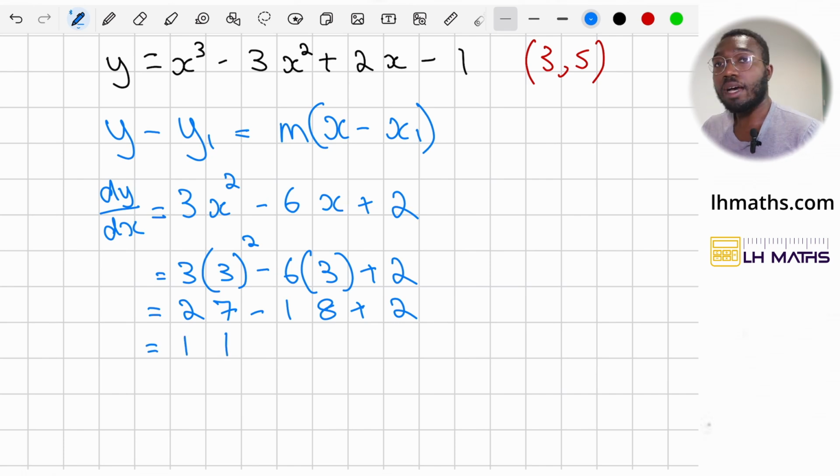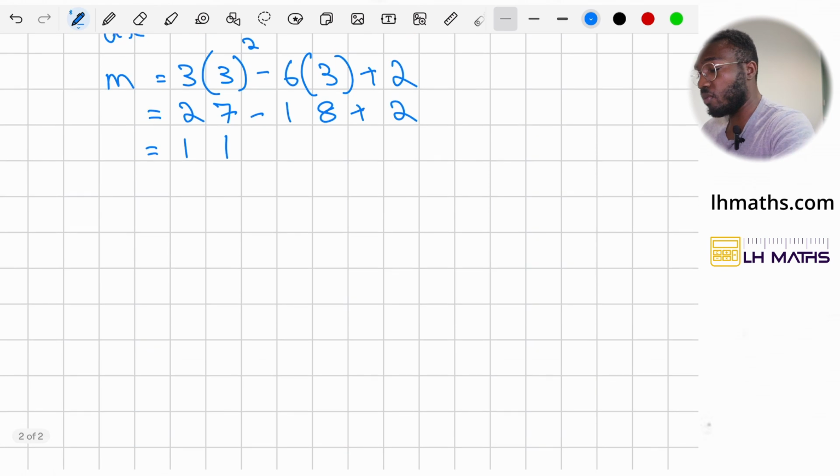Therefore, our gradient, our m value, is 11. So we've now worked out that our x value is 3, our y value is 5, and our m value is 11.